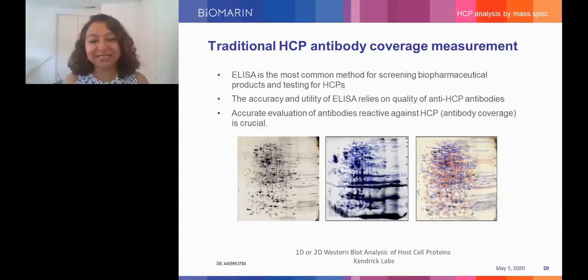The assessment is done by overlaying these two images and seeing which of the proteins that are seen by the 2D gel that are indeed present in the harvest are recognized by the antibody and showing their presence in the 2D Western. By taking a fraction, the numerator being those peaks that are seen and recognized by the antibody, and the denominator being the total number of host cell proteins or spots that are seen on the gel, you can get a percentage, which essentially is your coverage.